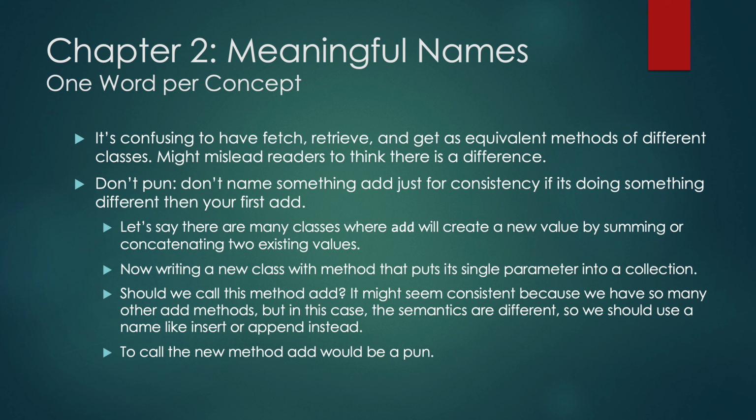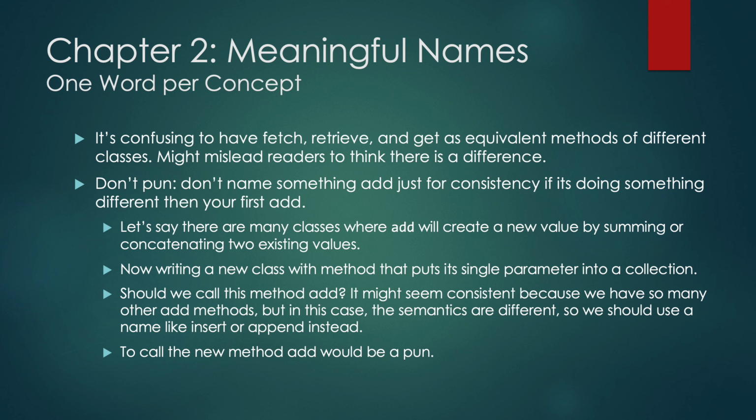If each of those methods are in the same code base, in the same database layer, and in one you call the method fetch, in another one you call it retrieve, and in the third one you call it get, these are different names. If I come and read this code base, I'd wonder why he used different names to do the same thing, or whether they are actually doing something different. It might mislead the readers to think that there are differences, which is why a different name was chosen.